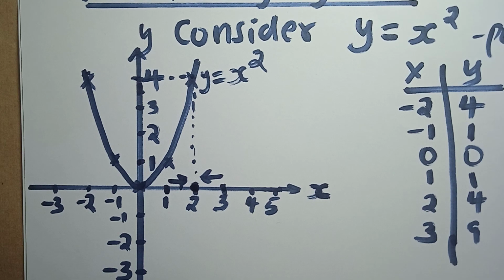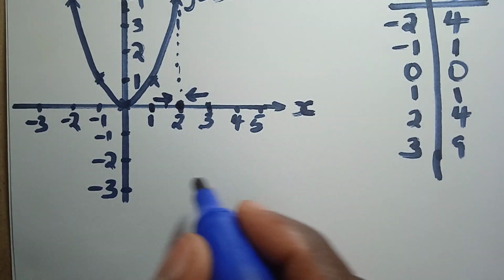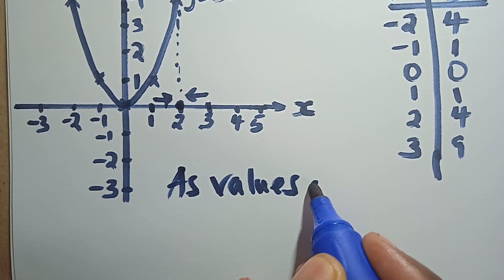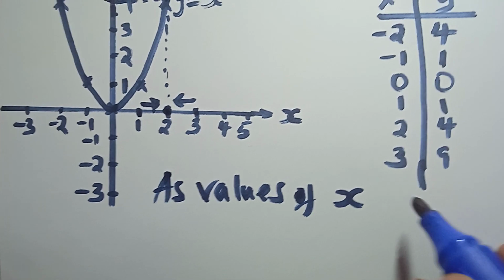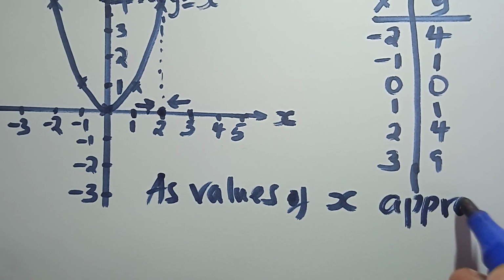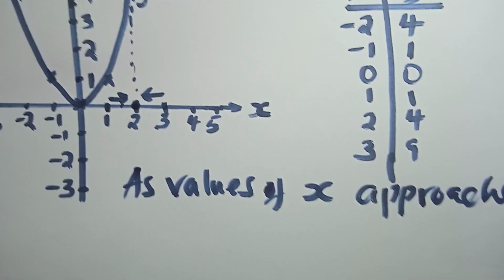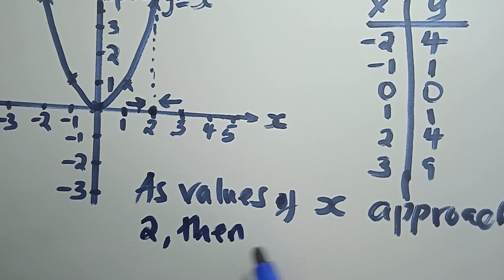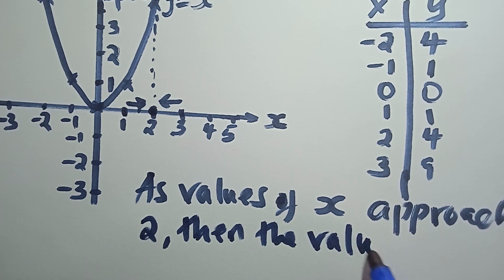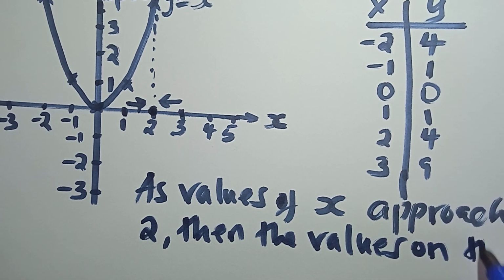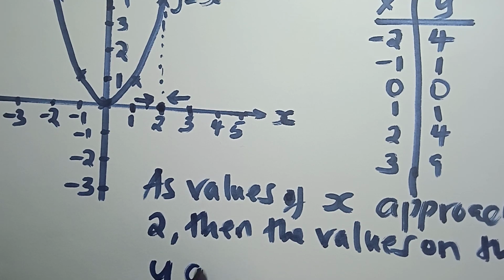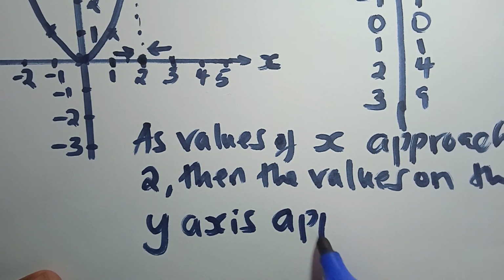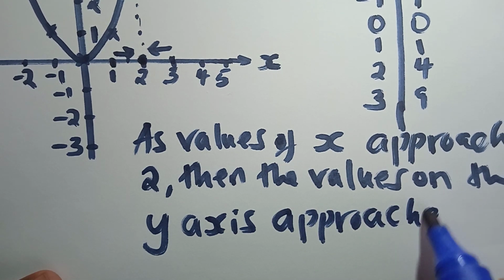So we can put this down: as values of x approach, or we sometimes use the word tends, 2, then the values on the y-axis approach 4.